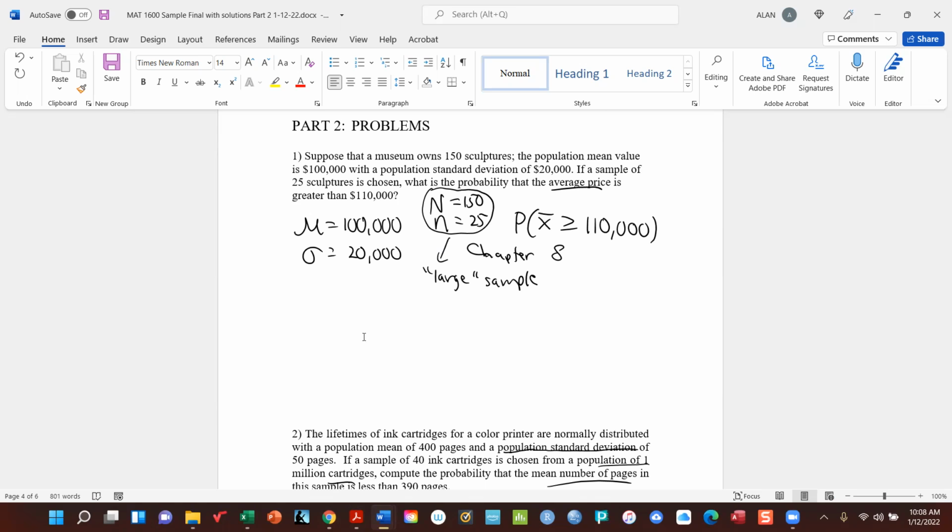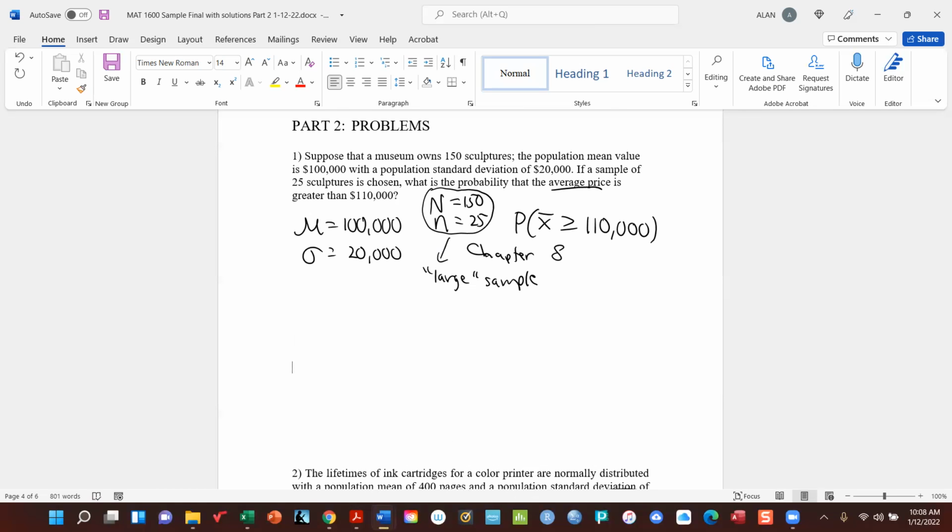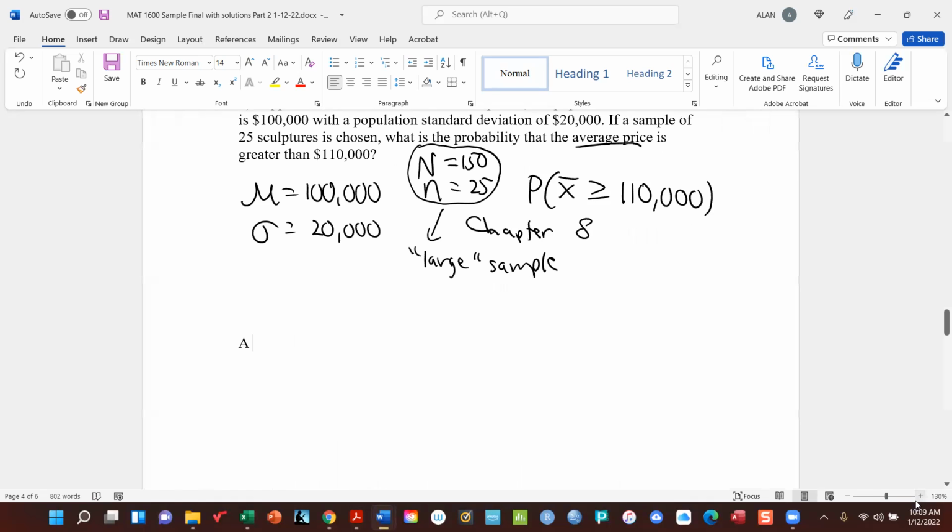And so if you recall in chapter 8, we have to make a key decision here. Is this a large or a small sample? And you might also recall that the decision comes down to the relationship between the sample size and the population size. So a small sample, all right, let's put it this way.